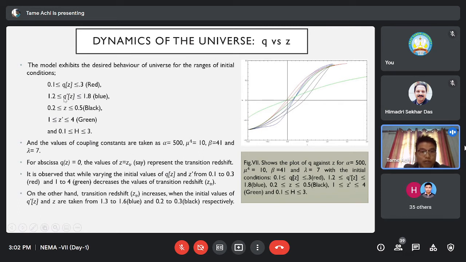Q prime is represented by the blue lines, with values from 1.2 to 1.8. The initial value for Z is 0.2 to 0.5, and for Z prime 1 to 4, which is represented by the green line.